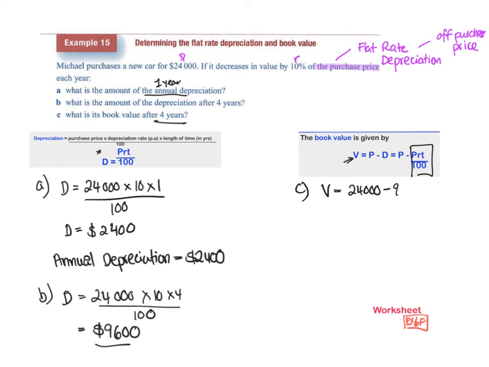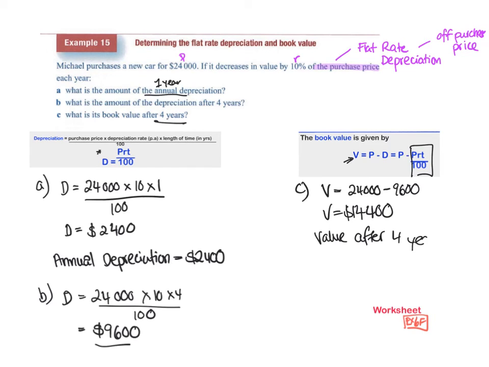We said it was 9,600. So the book value after 4 years is 24,000 minus 9,600, so we get $14,400. That's the value after 4 years.